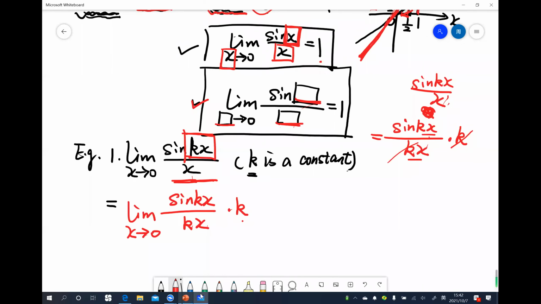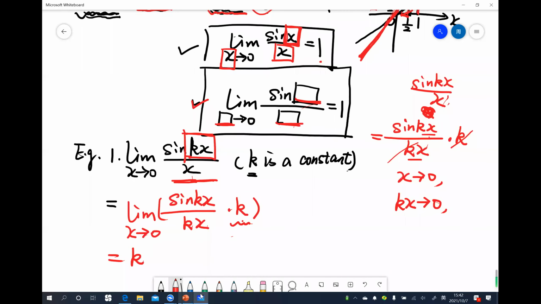And here, I also want this part to be the same, right? We know if x approaches 0 and k is a constant, then kx also approaches 0, right? Because k is a constant, I can take the constant outside.